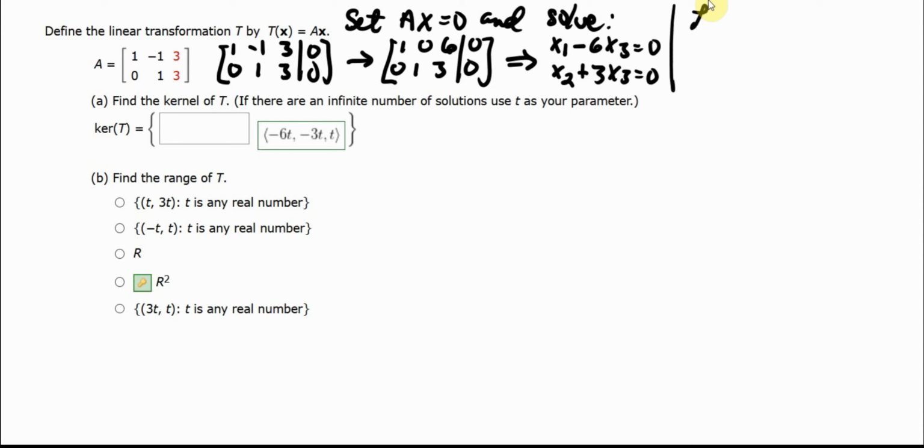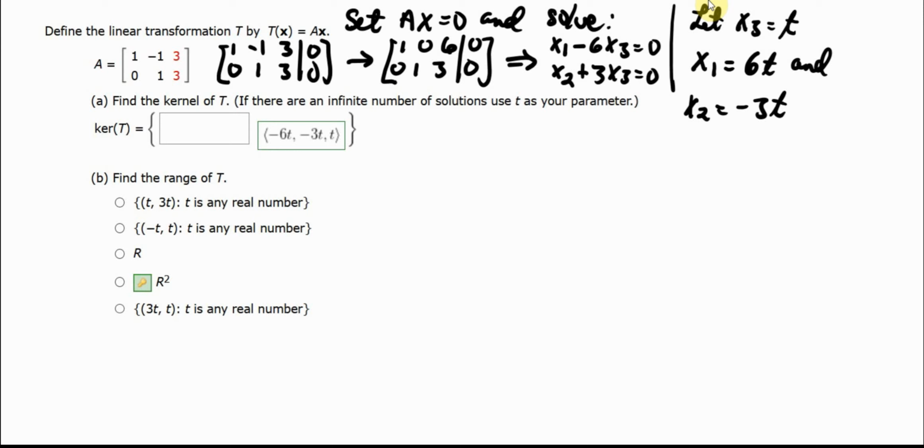So we're going to let x sub 3 equal t. So we end up with x sub 1 is equal to 6t, and x sub 2 is equal to negative 3t, right?